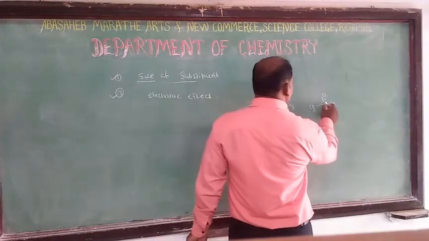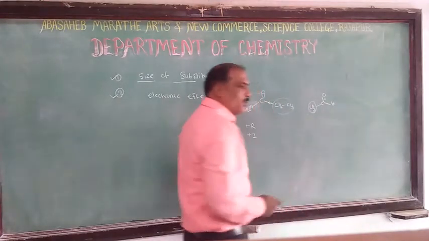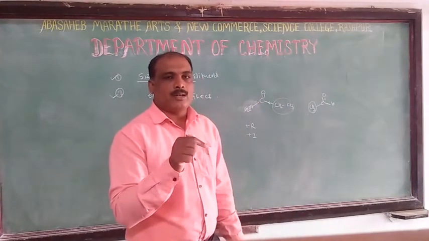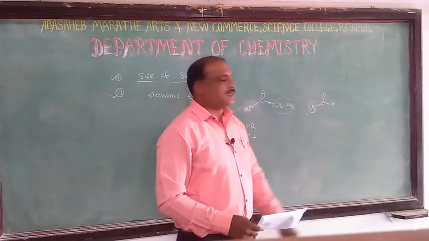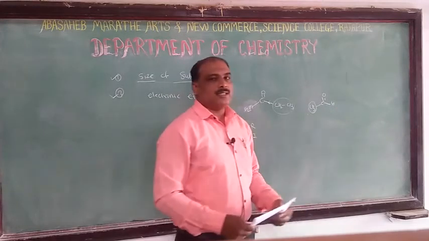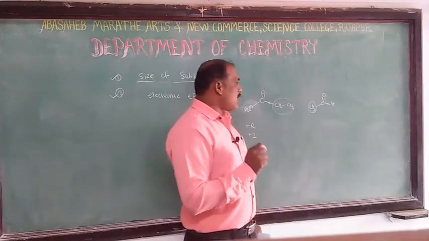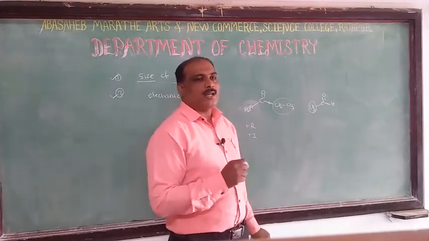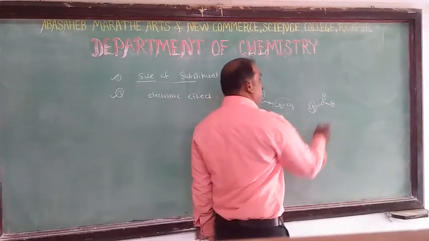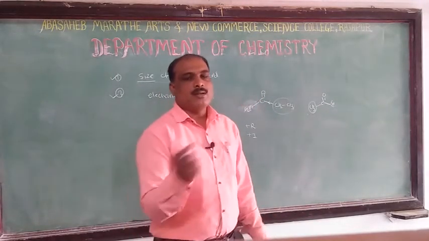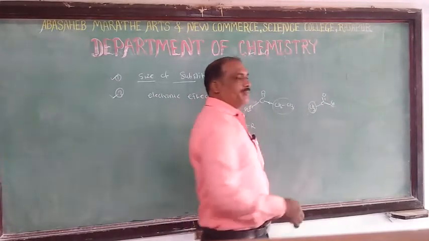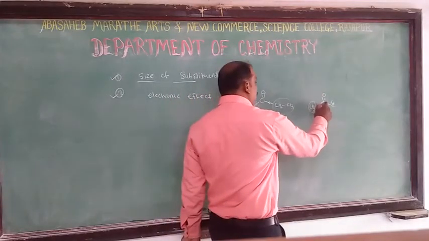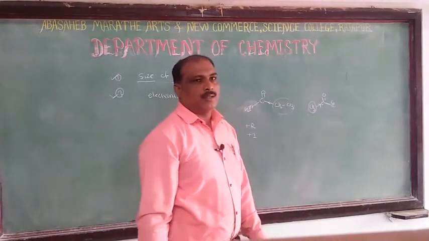In aldehydes, only one alkyl group gives the electron donating resonance effect to the carbonyl carbon, while on the other side is a small hydrogen, which does not show the +R effect, but the methyl group gives more electrons to the carbonyl carbon.